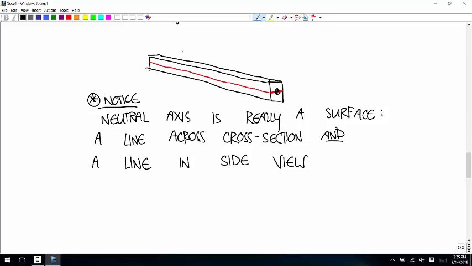And the coordinate system then would be the y-axis like that, the z-axis like that, the x-axis like that. Okay.